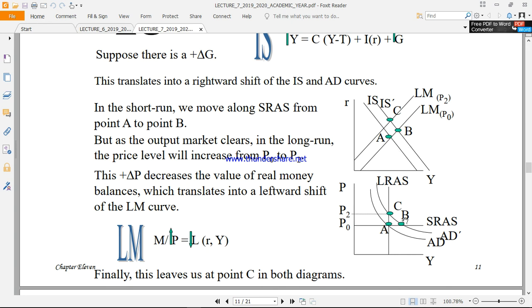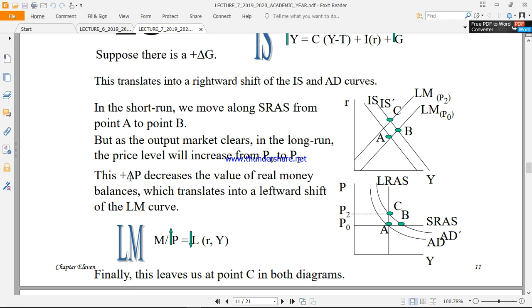And because your income has increased, we must expect you and I to demand more. So that is why the aggregate demand curve has shifted from AD1 to AD prime, from A to B. But this whole thing is happening in the short run when prices are stuck at some predetermined level.